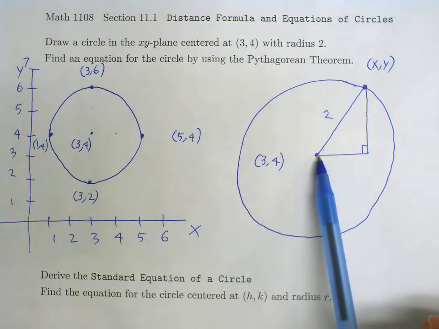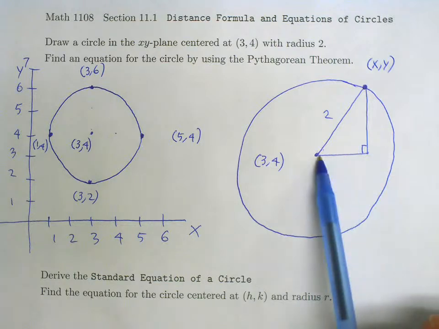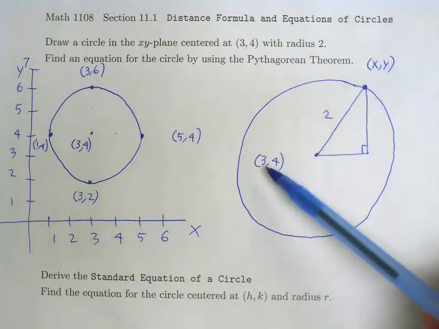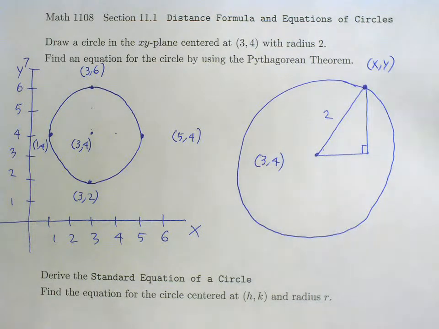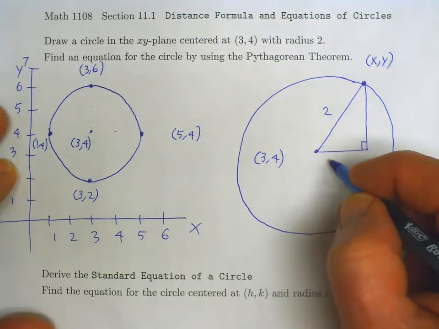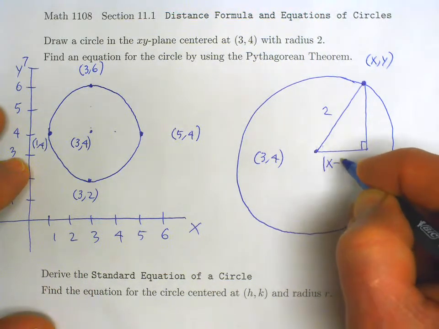Okay, so the length of this side of the triangle, it's the horizontal side. So if we consider the x coordinates, x and 3, well, that horizontal side, the length of it can be represented by the absolute value of x minus 3.